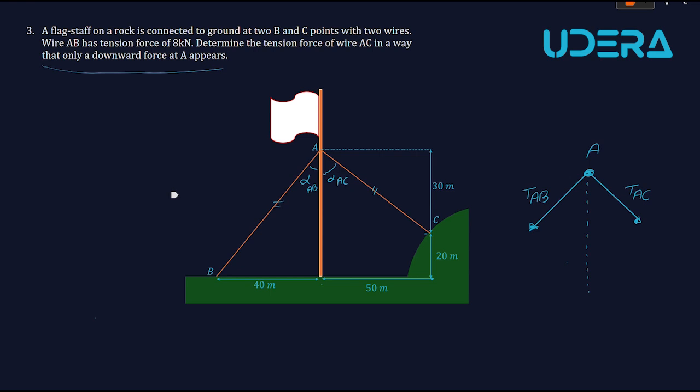Now I can use my geometric and trigonometric knowledge to find these two angles because the dimensions are given. I have two right triangles. One of them is this one, and the other one is this one.